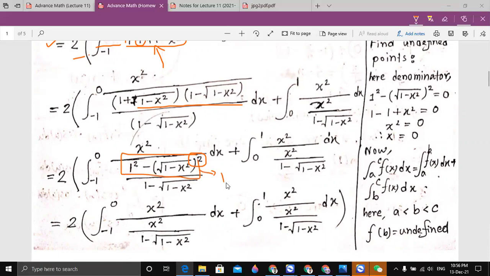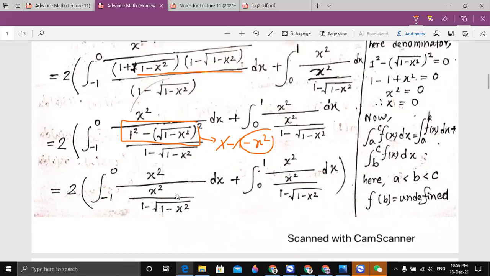It is 1 square, that means 1 minus root and square, they can get cancelled, right? So we get a minus x square. So you see here, a and a can get cancelled, and we get minus x square. Where is the minus?